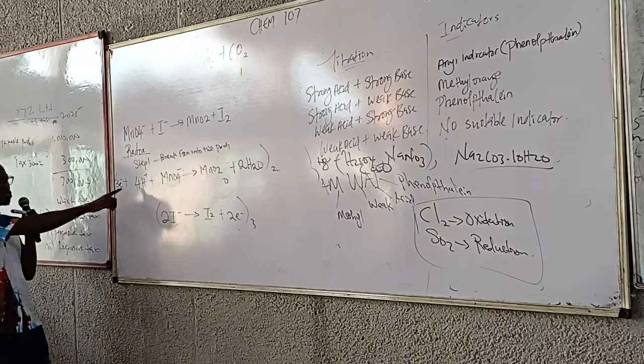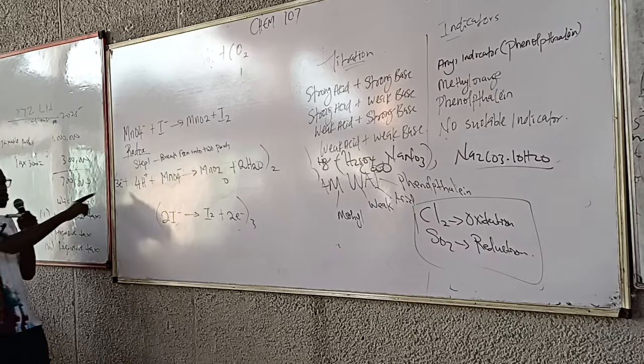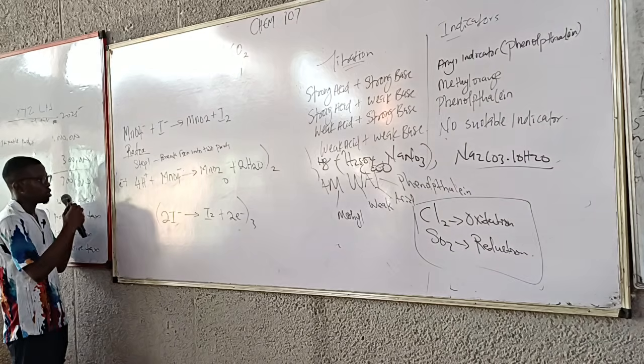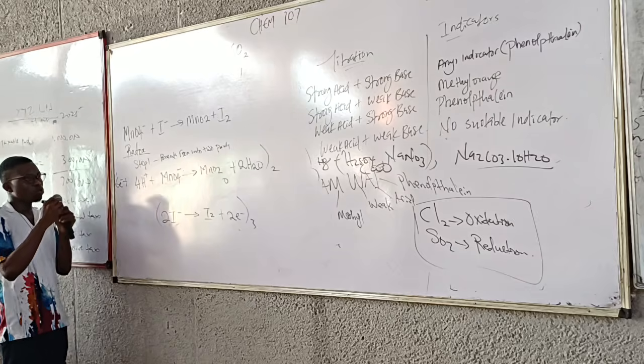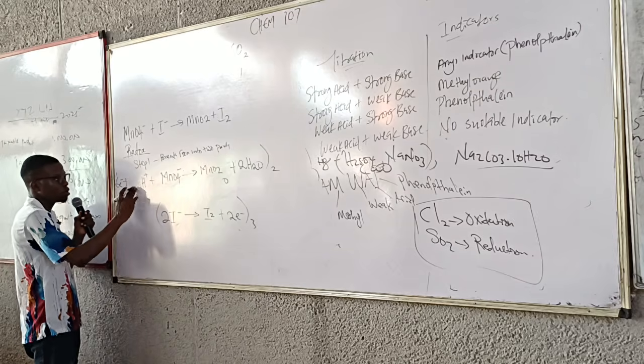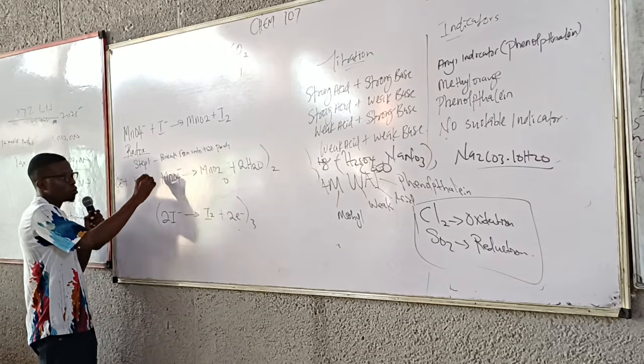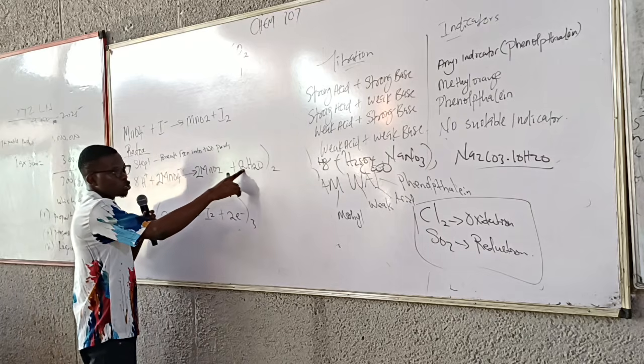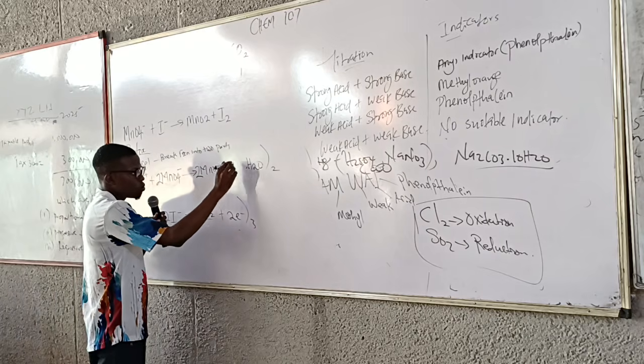So let's multiply this by 2 now. If we multiply this by 2, 3 times 2 will give me what? 6, abi? Okay. 6. 4 times 2 will give me what? 8, abi? 1 times 2 will give me 2. 2 times 2 will give me what? 4.